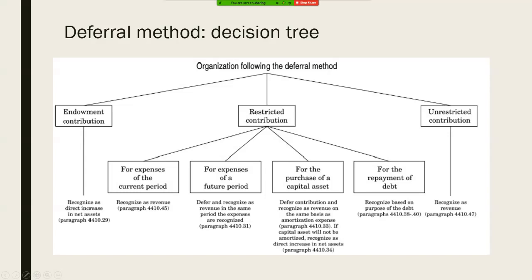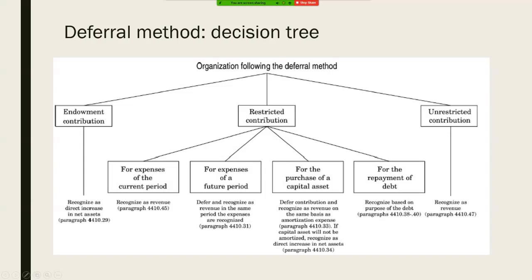Now, a restricted contribution could be received for the purchase of a capital asset. If the capital asset is depreciable, we will defer the contribution and recognize it as revenue on the same basis as amortization expense. If the capital asset is not amortizable, for example, land, then it will be recorded as a direct increase in net assets.